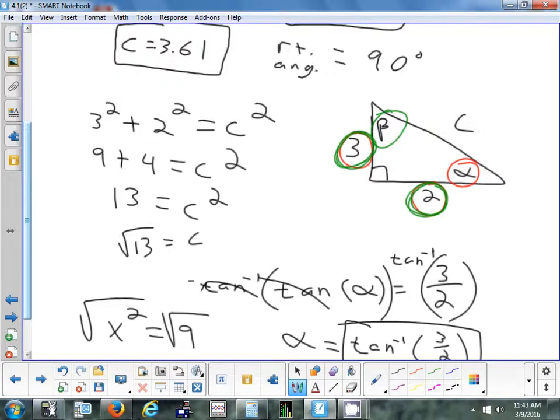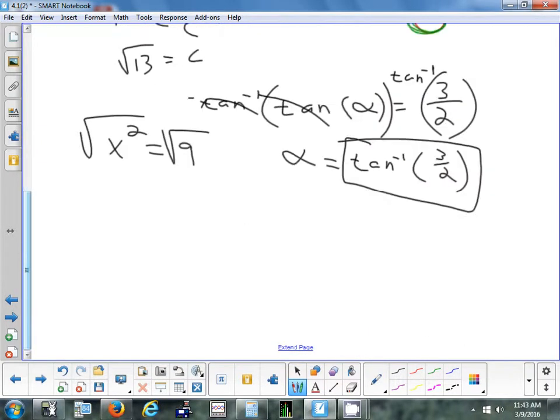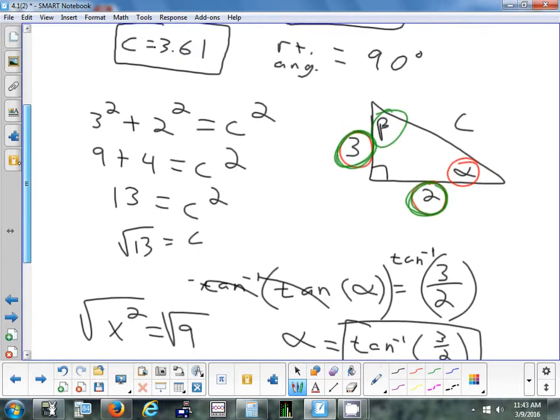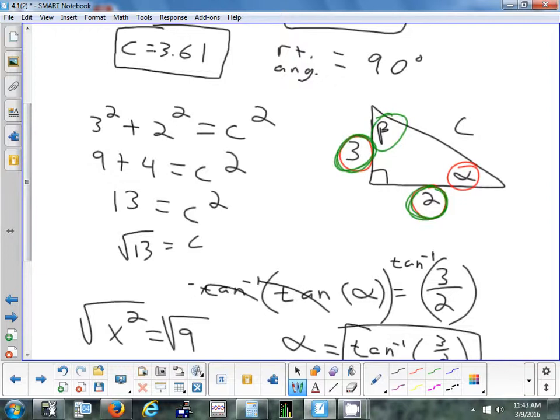So it's tangent again. But it's not going to be quite the same fraction on the other side. So it's going to be tangent of beta. And what's opposite this time? The 2 is going to be on top. 2 is opposite. 3 is adjacent. Since we're working with a different angle, it's like we've shifted our perspective. So 2 is opposite, 3 is adjacent.